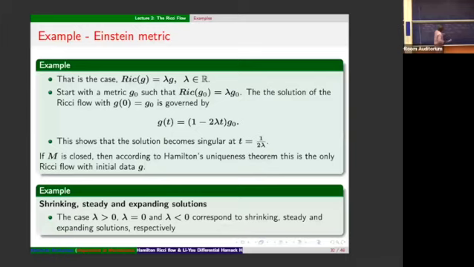So combining them together, you have lambda G naught, and minus 2 multiplied by this gives -2 Ricci of G naught, which is equal to -2 Ricci of G_t.